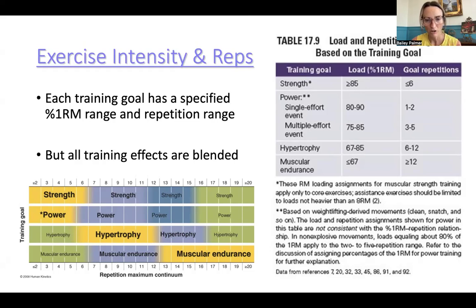If we're in a moderate zone, such as 6 to 12 repetitions with a moderate resistance, that's a hypertrophy zone. In muscular endurance, about 12 repetitions or greater, that's the zone we're training in for improvements in endurance. But all the effects are blended, like you can kind of see across that chart. But there is usually a specific goal repetition range and load range for each of those goals.